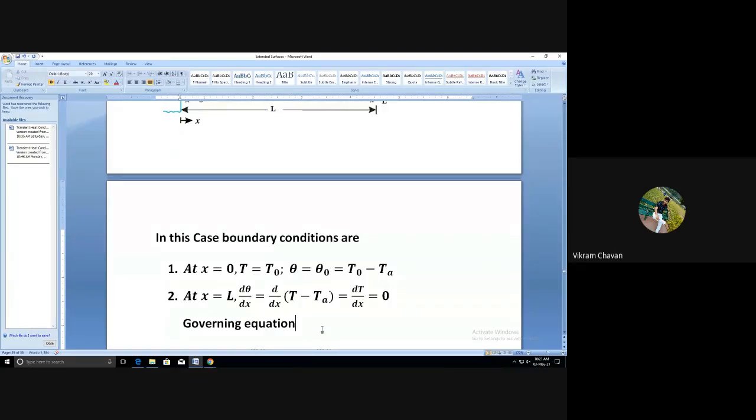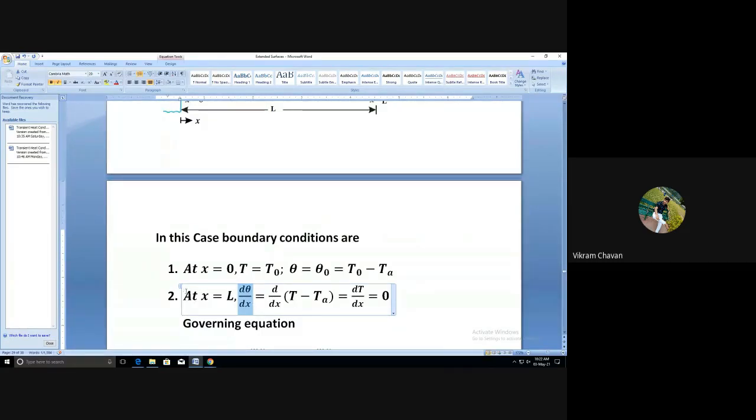So if you consider T minus TA, the differentiation of T minus TA is nothing but dT/dx, because the differentiation of T is dT/dx and the differentiation of TA, a constant, will be 0. So it is equal to d theta/dx, because our theta is nothing but T minus TA.